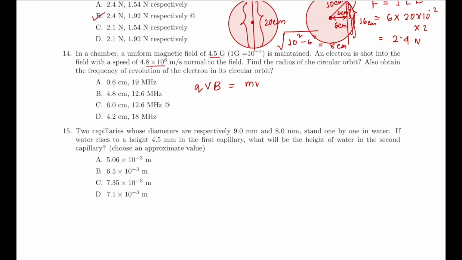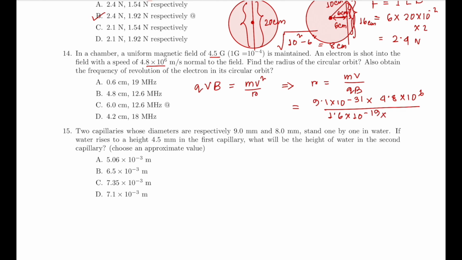So the radius is mv by qB, where m is 9.1 into 10 to the minus 31, v is 4.8 into 10 to the power 6, divided by 1.6 into 10 to the power minus 19, and B is 4.5 into 10 to the power minus 4. If you calculate, you are going to get 6 centimeter. Option C, and you don't even need to calculate the frequency of revolution.